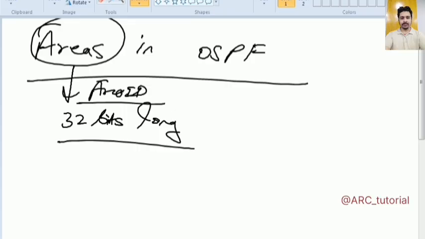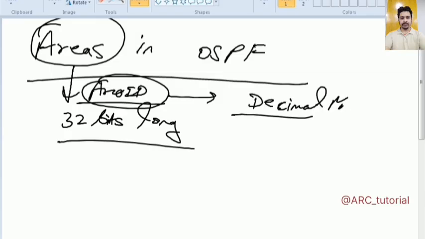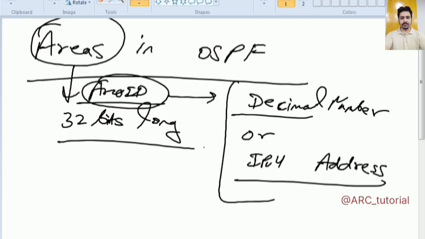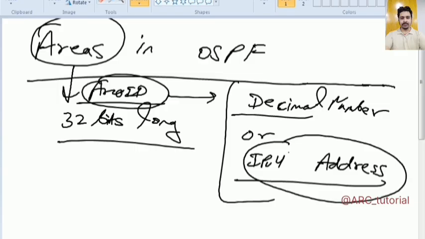And the area ID can be represented in the format of a decimal number, or you can also represent your area ID in the format of an IPv4 address.